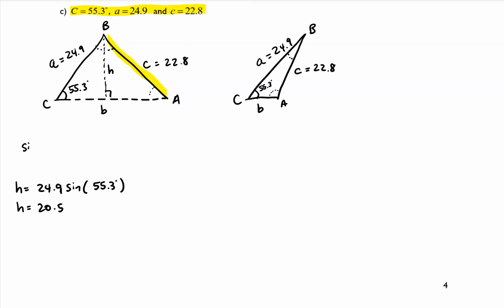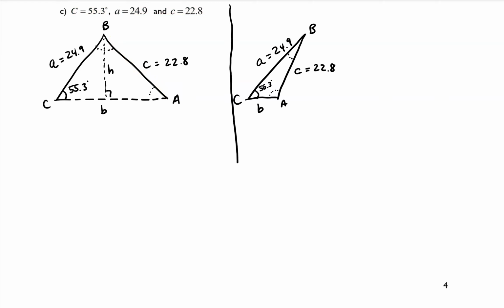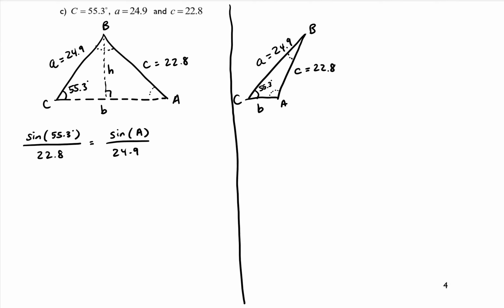I'm going to erase this just to give me a little extra room. Okay, so for this first triangle, we're going to do sine of 55.3 degrees over 22.8. So I'm setting up my law of sines equation here, and that is equal to sine of capital A over 24.9.